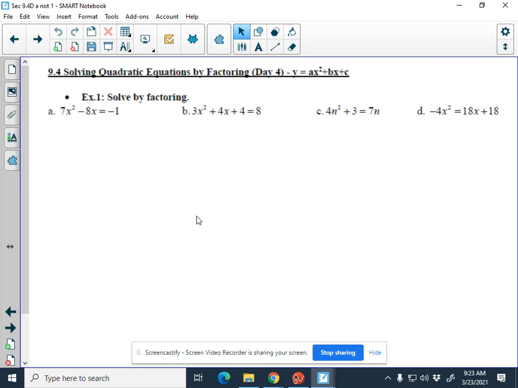All right, solve by factoring. So what we did yesterday, we got to get one side equal to 0. So I'm going to add 1.